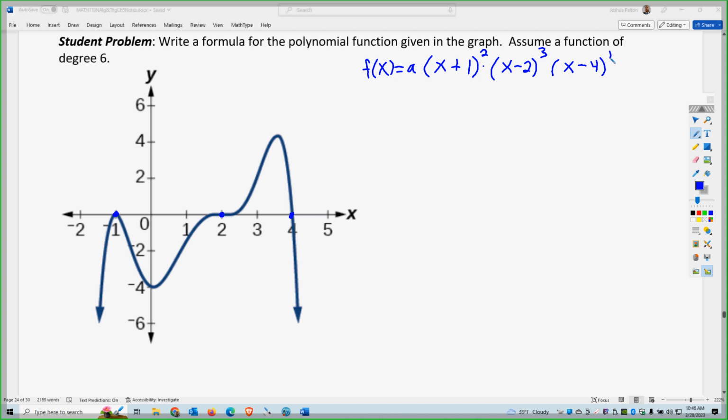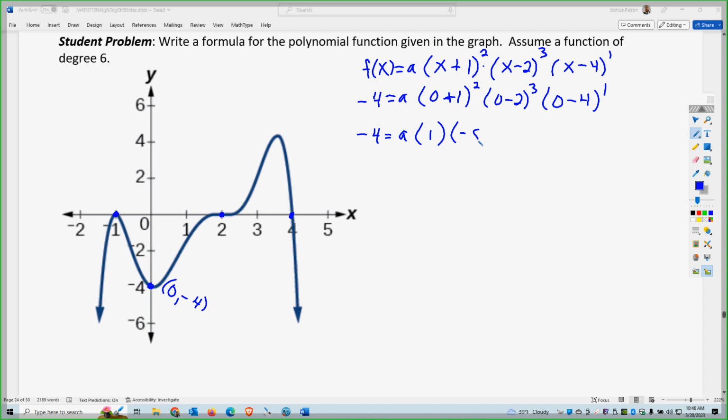So an easy coordinate to pick would be our intercept, which is (0, negative 4). So negative 4 is equal to a times 0 plus 1 squared, 0 minus 2 to the third, and 0 minus 4 to the 1. So negative 4 equals a times 1 times negative 8 times negative 4.